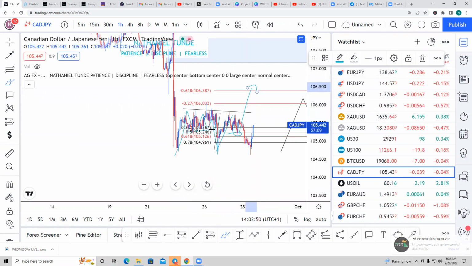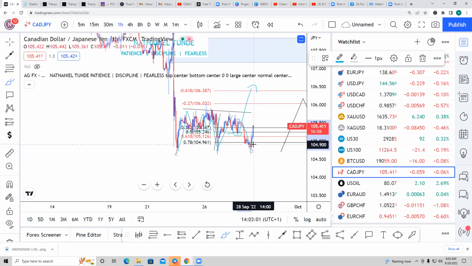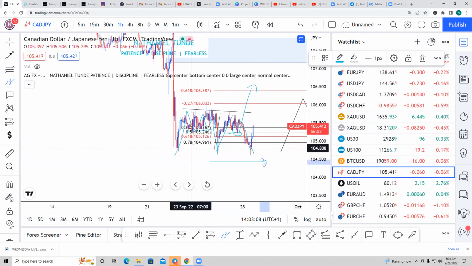But what did it do? It consolidated a little and had to come down again to grab another liquidity. Thankfully, I had moved our stop loss by an additional 30 pips. So it took liquidity but did not hit our stop loss. It was 2 pips from hitting the stop loss and it moved to the upside.